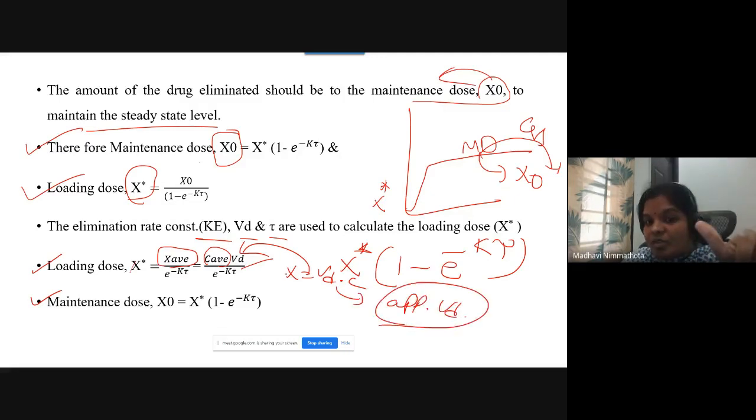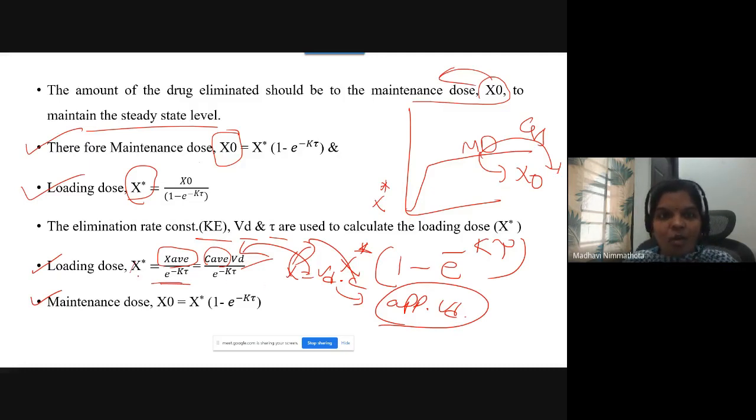We have a relationship between plasma drug concentration and the amount of the drug available in the plasma. So that's why we have written CAV times Vd instead of XAV. The e to the power of minus k tau is the same.